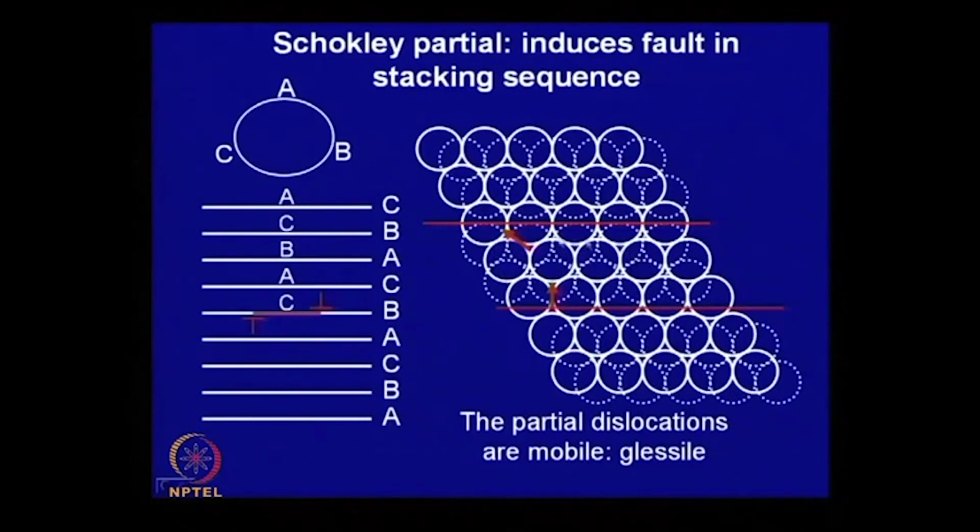Now, if there is a fault, there will be an energy associated with it. So, there is a surface defect, it has an energy, something similar to surface tension. But these partial dislocations are mobile, they can move on this glide plane, the glide plane is fixed.